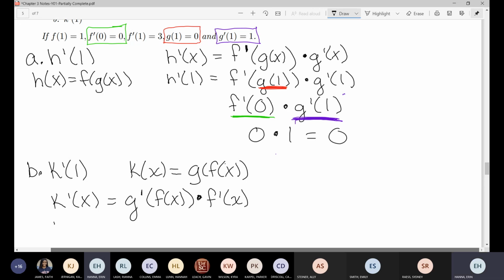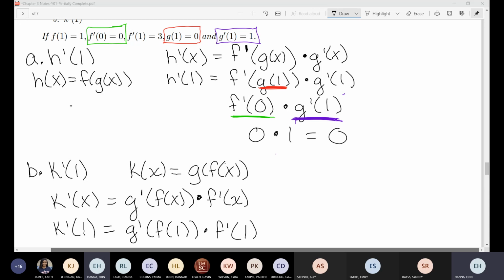Plug in 1 everywhere you see an x. New color. Inside out for composition, so you want f of 1 first, which is coincidentally 1. And then I already used g prime of 1, so I can reuse that color.